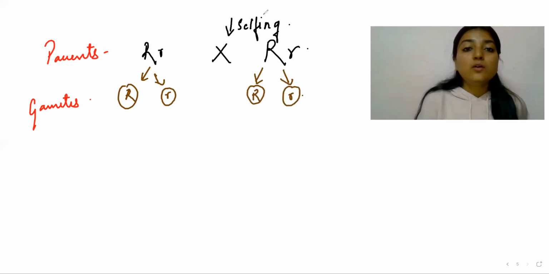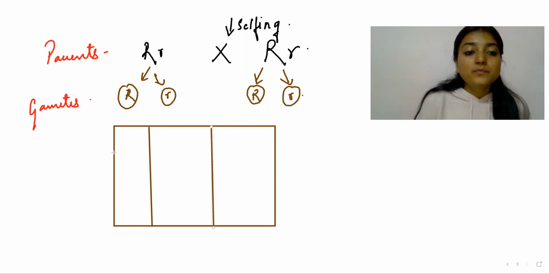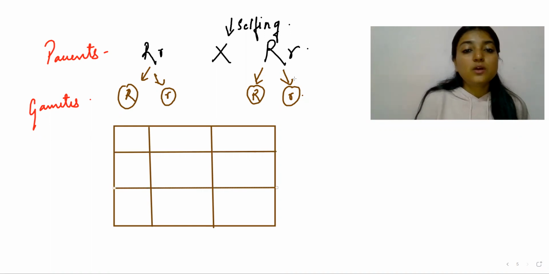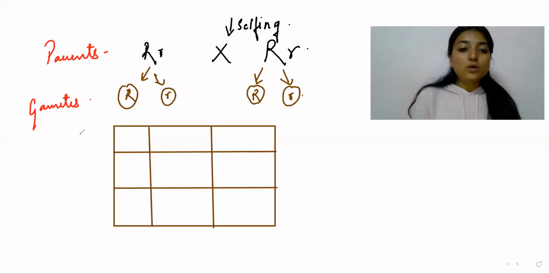Fine. Now we will make the Punnett square to take out the F2 generation. Again, because there are two gametes, we are making two columns and two rows. Now here we will write the gametes.